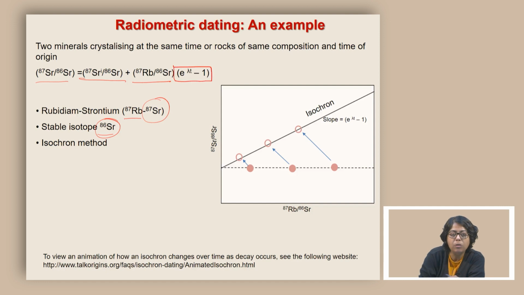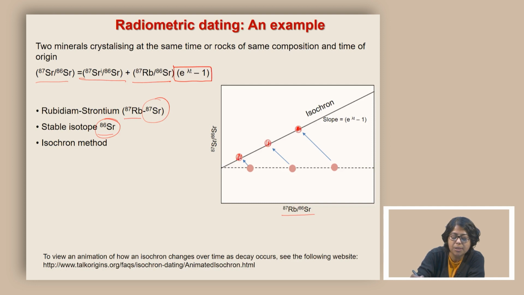Now, when we plot on our y-axis, it becomes 87 strontium divided by 86 strontium. This can be measured. 87 rubidium divided by 86 strontium, this ratio can also be measured. And once we measure these ratios from different minerals, they are going to plot somewhere over here.